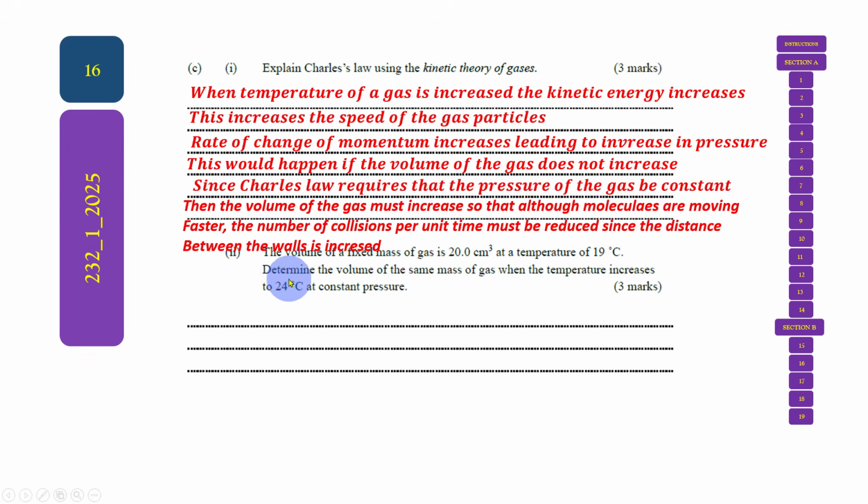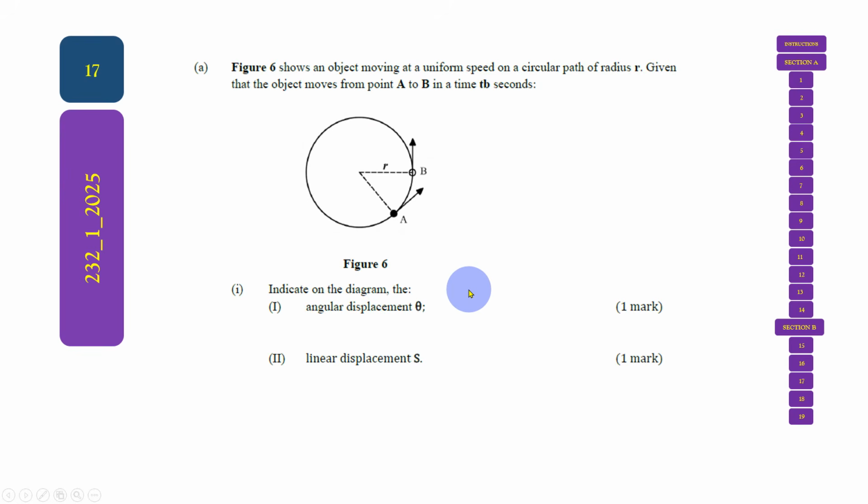Again, you change this temperature to Kelvin, again by adding 273 to it. So we are going to use the equation V1 over T1 is equal to V2 over T2. And if we substitute, we get V1 over T1 is equal to V2 over T2. Again, you can solve this particular equation to get the new volume of the gas.